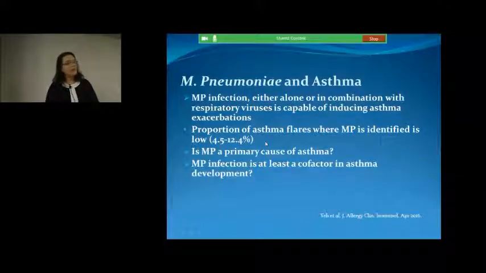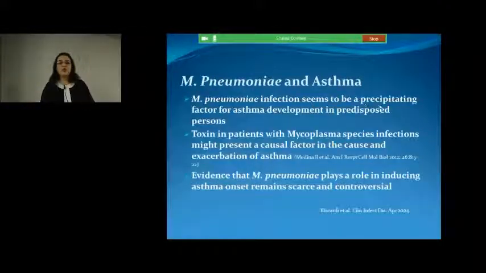Then two relevant questions are left: whether Mycoplasma pneumonia is a primary cause of asthma, or whether the infection is at least a cofactor in asthma development. Mycoplasma pneumonia infection seems to be a precipitating factor for asthma development in predisposed persons.